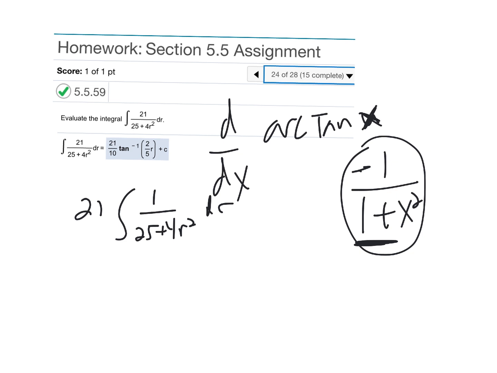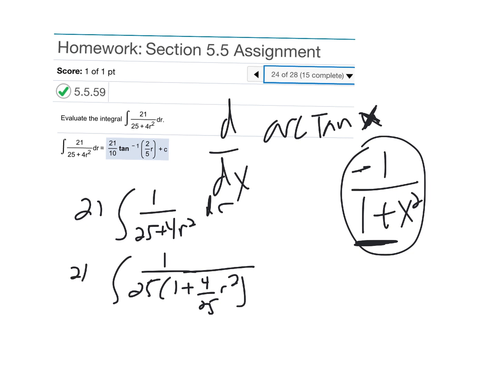So the trick is we're going to factor out of the denominator a 25. So I'm going to write this as 25 times 1 plus 4 over 25 r squared. Of course, I got the 21 out here.